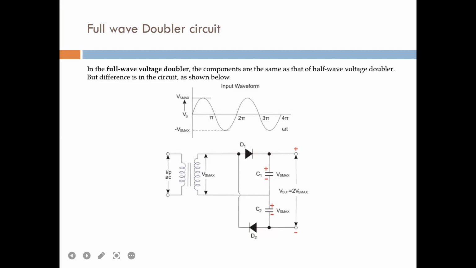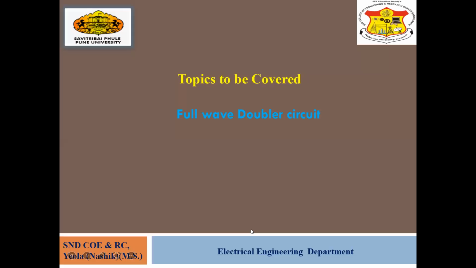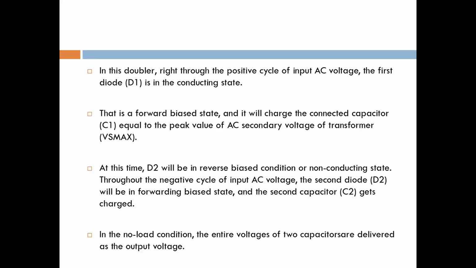D2 is in reverse bias, right? D1 is forward bias, so it will charge the connected capacitor C1 to the fixed value of the AC secondary voltage of the transformer, Vs maximum.